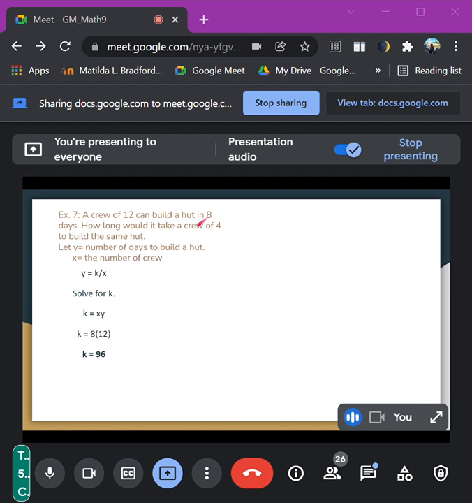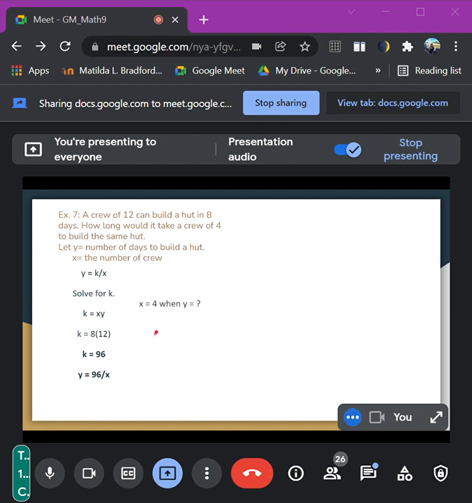Now, this time, how many days would it take a crew of 4 to build the same hut? So, we substitute again here. You just substitute your x, because the crew is our x. So, substitute.